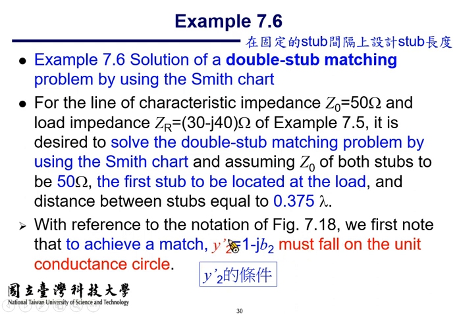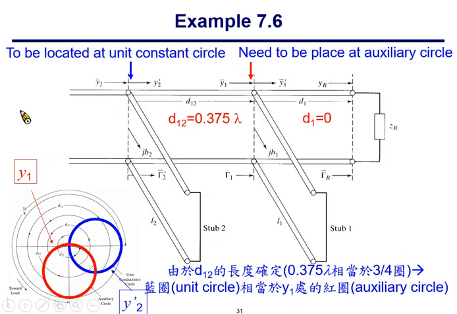So here's the configuration of the circuit. The first constraint is D1 equal to 0. So you are placing the first stub right at the termination.